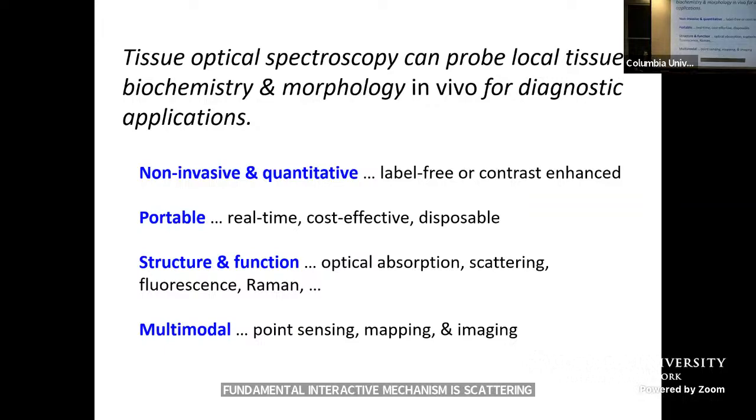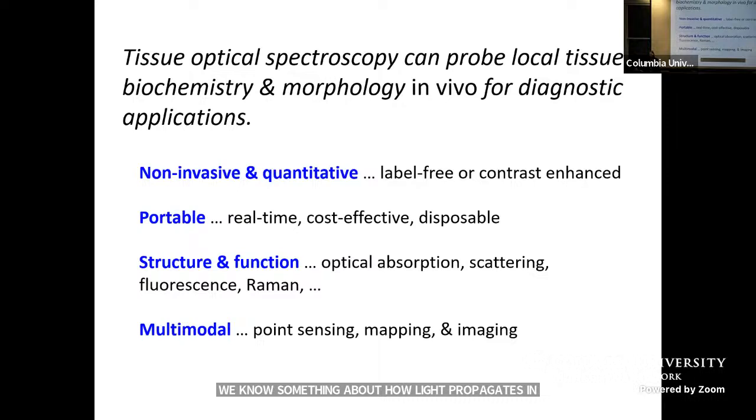More generally, we can use tissue optical sensing, spectroscopy, and imaging to probe local tissue biochemistry and morphology. And when we do that, we can use them in vivo for diagnostic applications. There are a lot of potential advantages here. Of course, these are non-invasive technologies. If we know something about how light propagates in tissue and how it interacts with tissues, we can be quantitative.